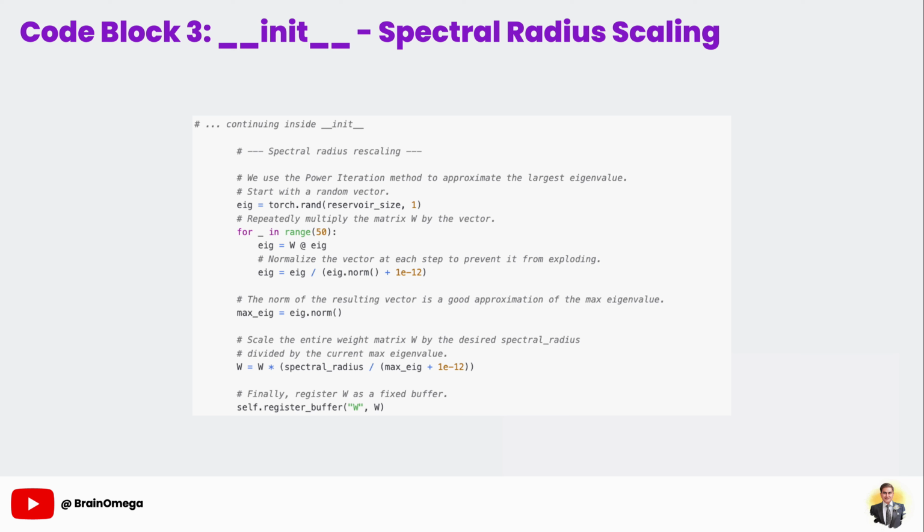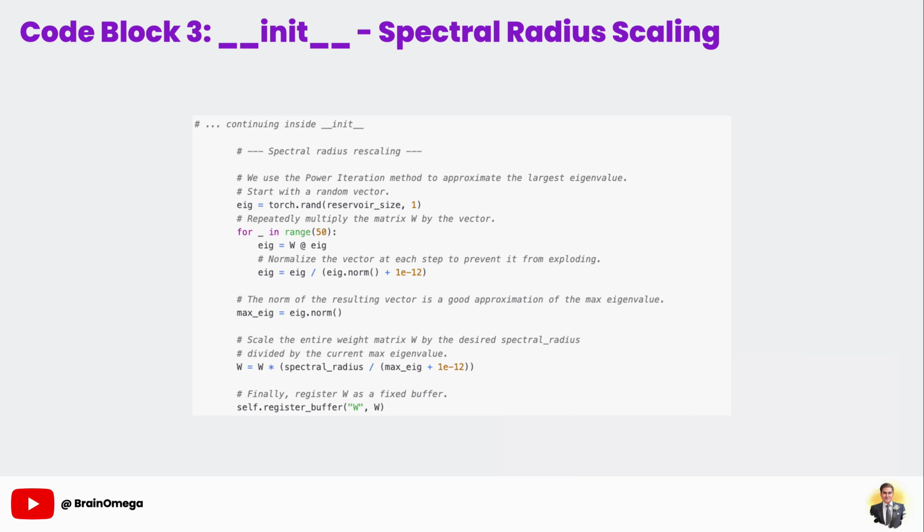Once we have this max_eig, the final step is simple. We just scale our entire weight matrix W by our target spectral radius divided by the max_eig we just found. This guarantees that our new scaled W has exactly the spectral radius we want, ensuring our reservoir is stable and ready to produce useful echoes.